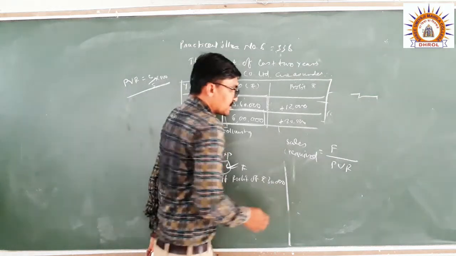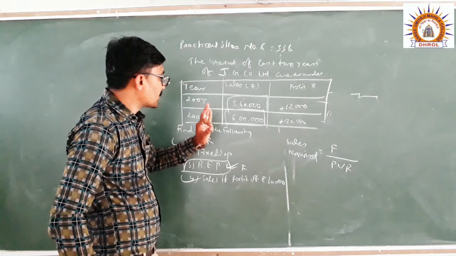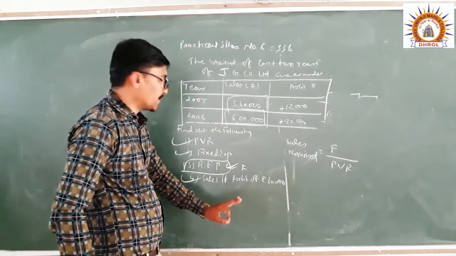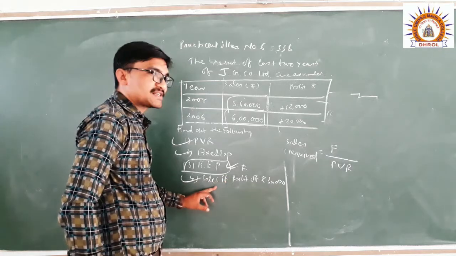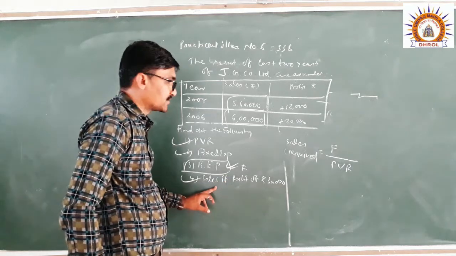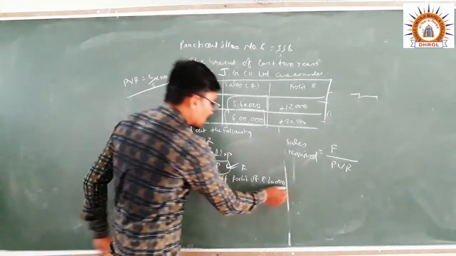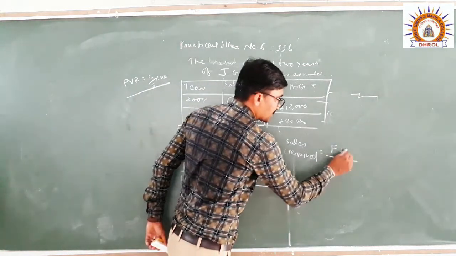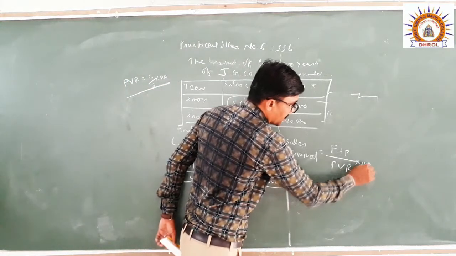In short, if you have calculated PVR within BEP and the sales required is to be found, the same formula applies here, and simply the amount of profit given should be added, and the same is multiplied by 100.